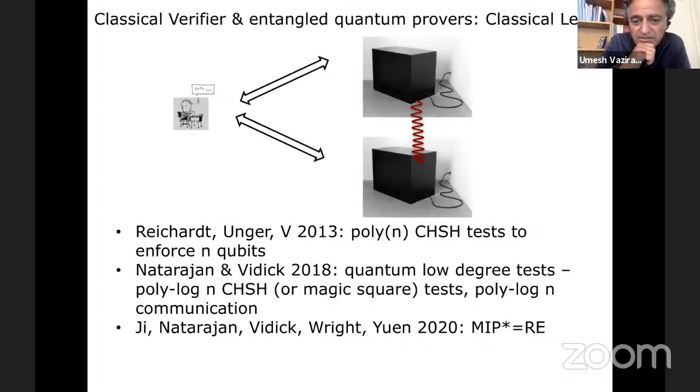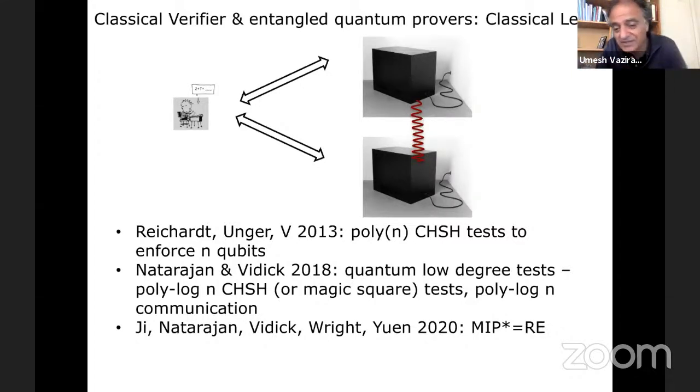So this initial work required polynomial in N CHSH tests to enforce N qubits, and then there's this beautiful work by Natarajan and Vidick showing how you can use quantum low degree tests to actually reduce the amount of communication and testing to just polylog in order to enforce N qubits of entanglement.